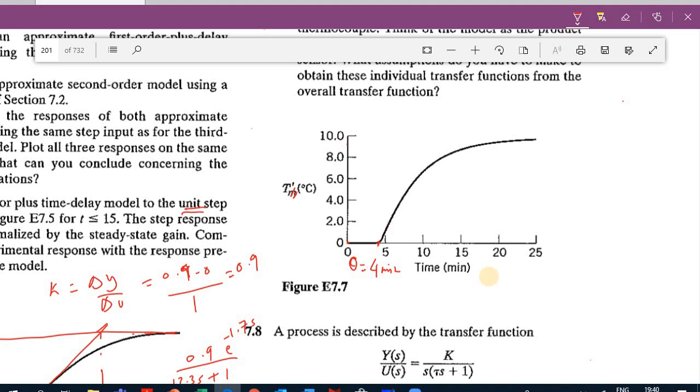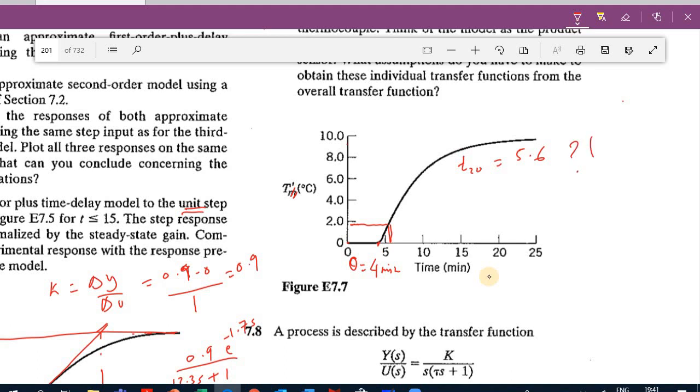If I take T20, it's 9.2 minus 0, multiplied by 20%, so it's about 1.8. Taking 1.8 here, this is T20. So T20 is something like, if I would say 5.6, for example, T20 is equal to 5.6.